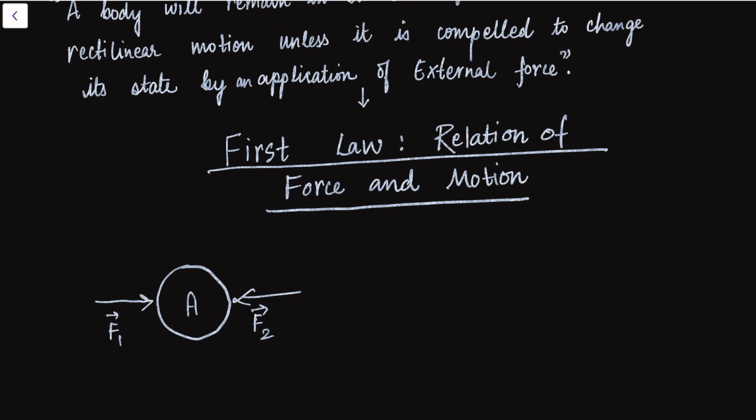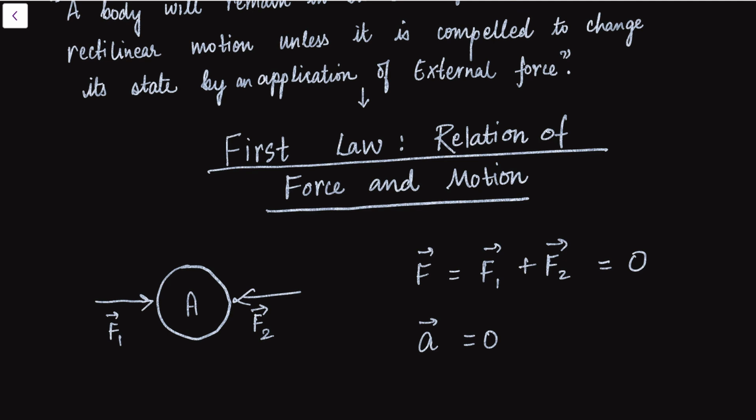Now, if we look at the sum of the forces, which is F1 plus F2, if this sum is equal to 0, then we can say that the acceleration is 0 and the particle is unaccelerated. Or we know that a particle is unaccelerated when we can be sure that the sum of forces acting on that particle is 0.